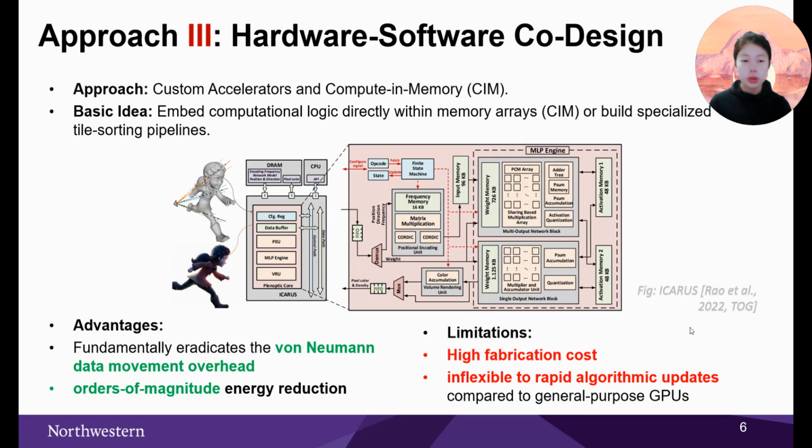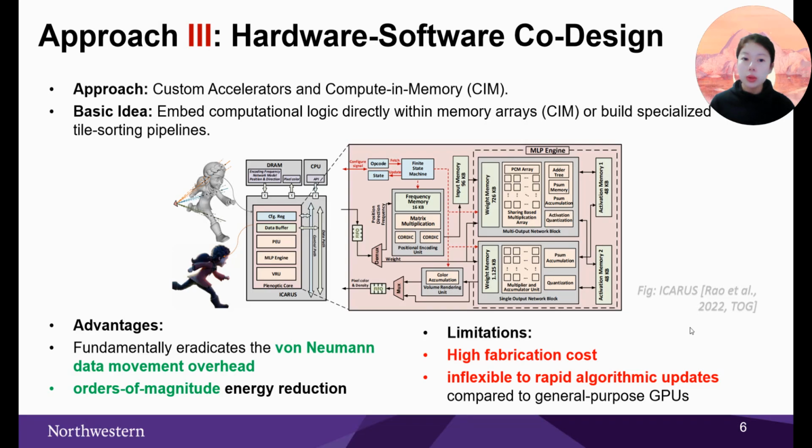General-purpose GPUs are designed to support many different workloads. However, neural volume rendering often involves irregular memory access patterns that GPUs are not optimized for. Because of this mismatch, researchers have begun designing domain-specific hardware accelerators.